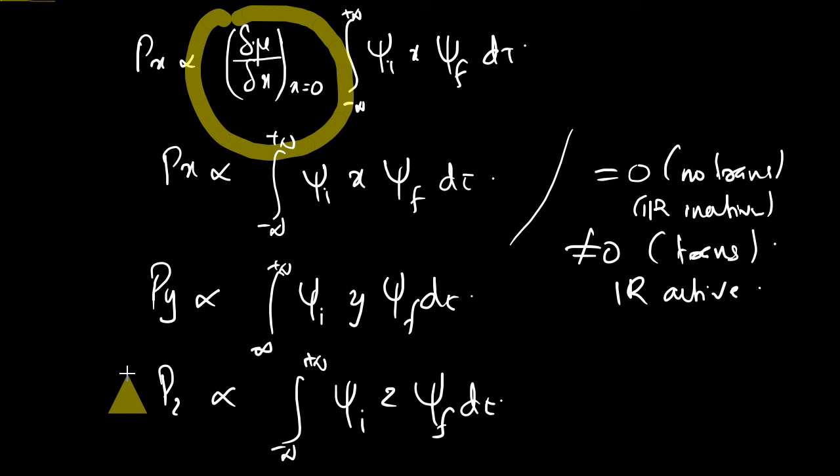I am going to assign whether these integrals are going to be zero or non-zero. How can you do this? In these integrations, psi_i and psi_f will have some complex form, meaning some complicated expressions.